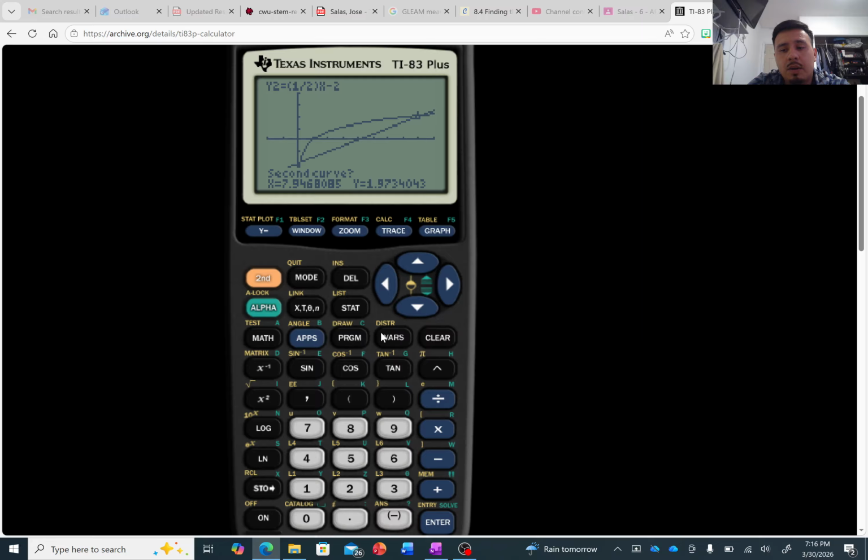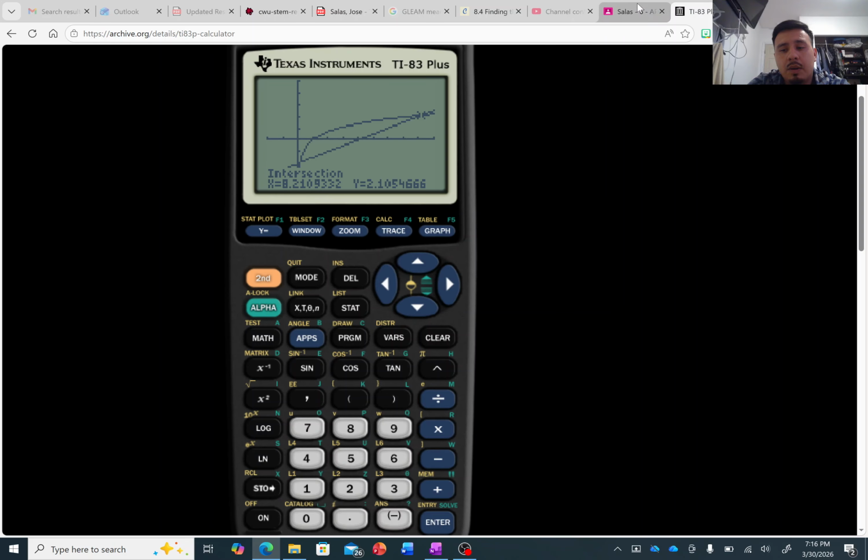Now you hit enter. For Y2, you do the same thing. If it's still over here, you have to slide it all the way close, or at least more than halfway. So in my case, it's over here already. Am I trying to guess this intersection? Yes. So I hit enter. Boom. It's going to give me that intersection. That intersection is at 4.2103332.